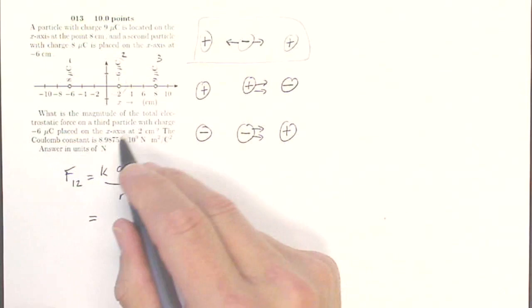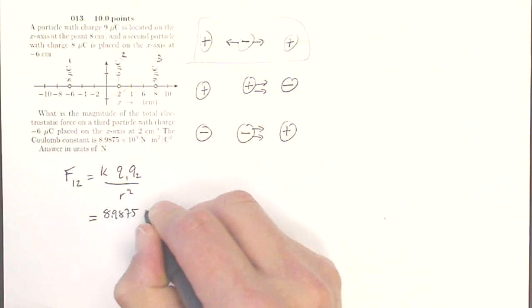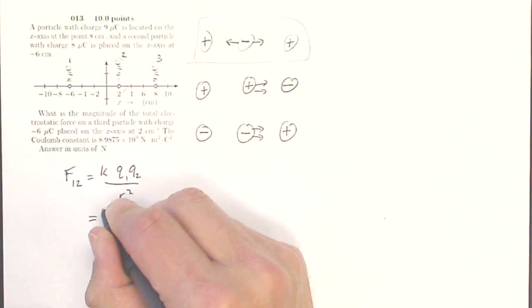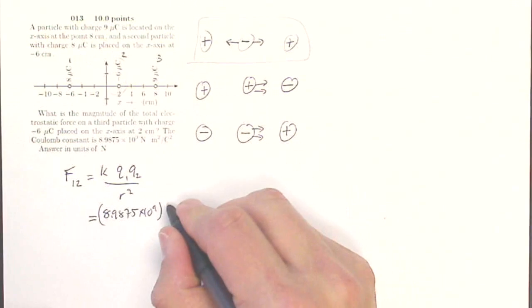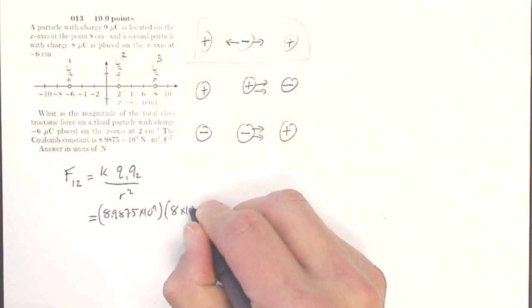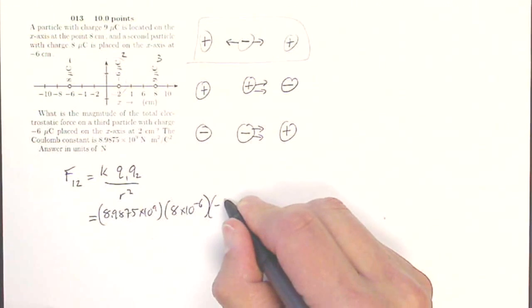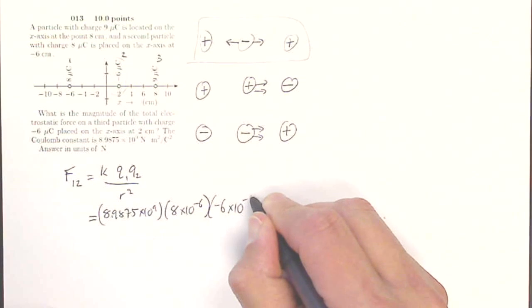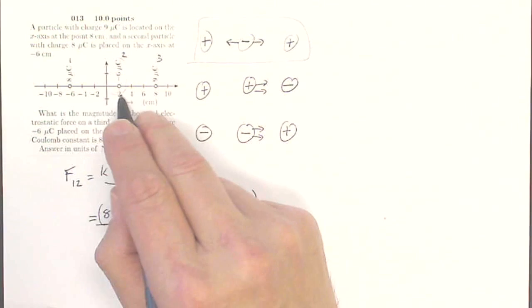So that's going to be K, which is 8.9875 times 10 to the 9th, times the amount of the first charge. Well, that's 8 times 10 to the minus 6th coulombs. The second charge is this one in the middle, which is minus 6 times 10 to the minus 6th, divided by, my r is going to be from negative 6 to 2.